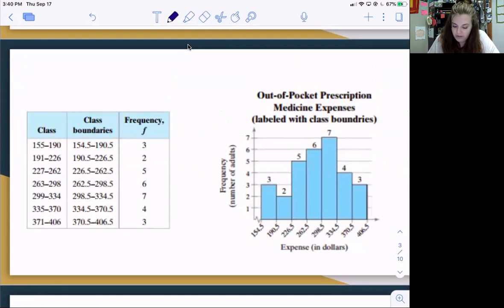So you can tell with our first one, we go from 154.5 to 190.5, the height of 3, which matches that first class. Again, make sure you're labeling your graph as a whole and both of your axes. Also, you notice the break again to represent that jump from 0 to the 154.